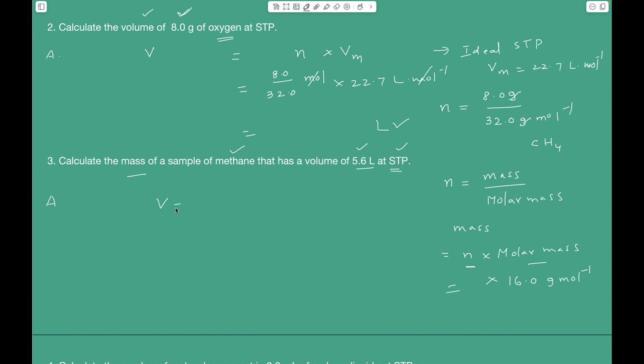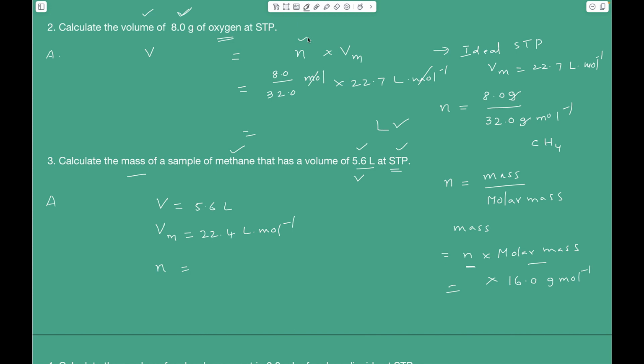But we are given the volume of the gas at STP. Now you also know the molar volume of any gas at STP. It is actually 22.7 liter per mole, but because the number we are given here is 5.6 liters, let us use 22.4 liter per mole, because 4 times 5.6 is 22.4. This looks funny, but I think that's how we have to approach this question. And how do you get the amount of substance?